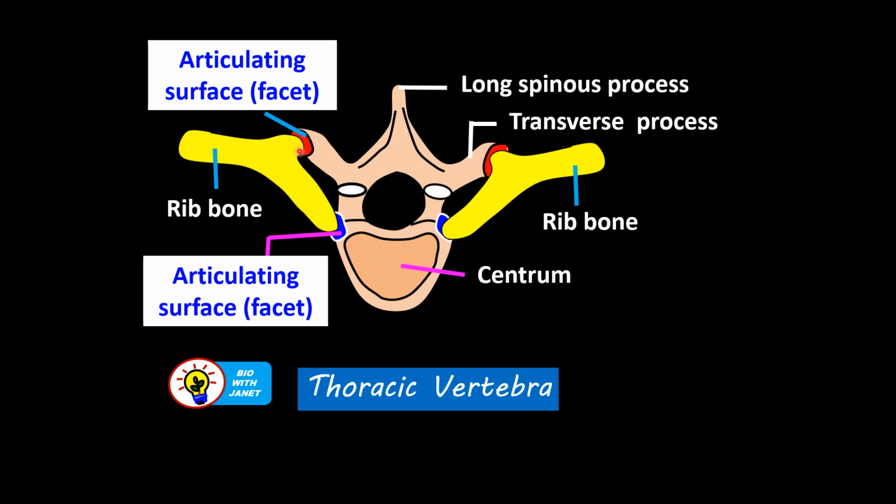The rib bones each have 2 projections. One projection will join to the facet or articulating surface on the transverse processes, and one more projection joins to the articulating surface or facet near to the centrum, at the side of the centrum.